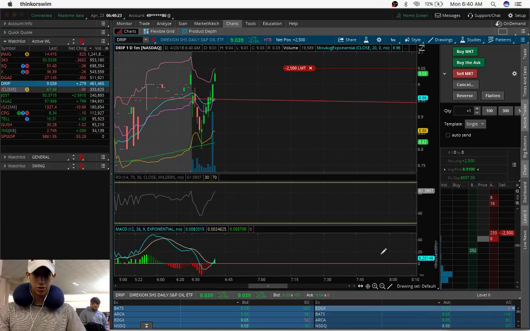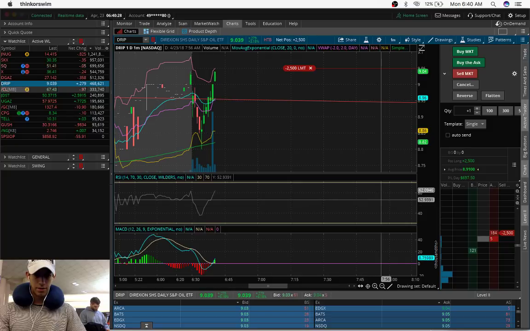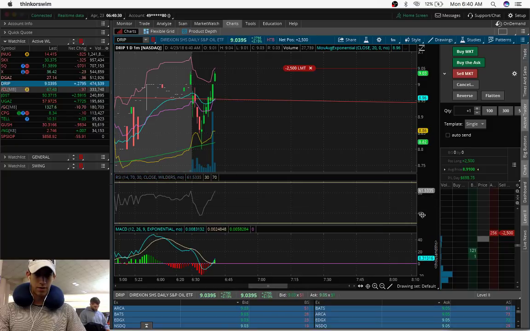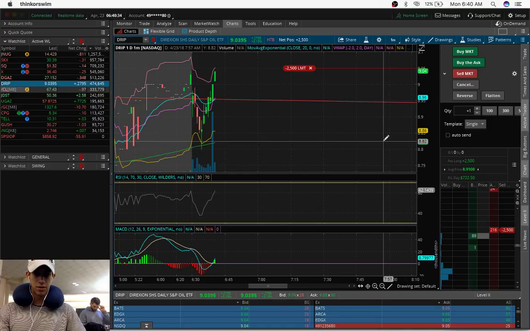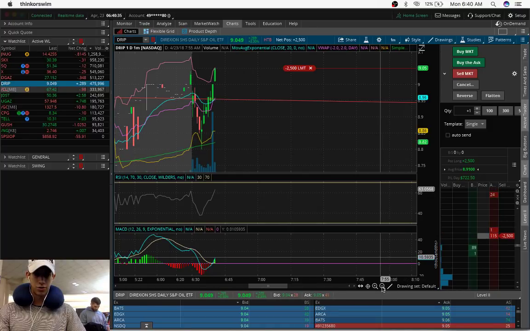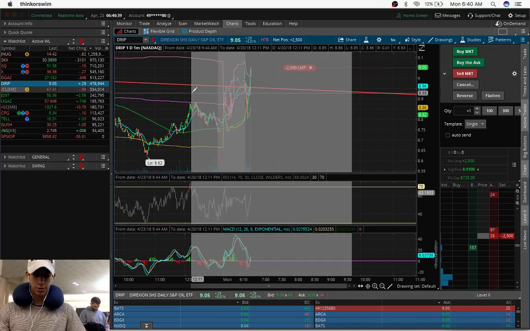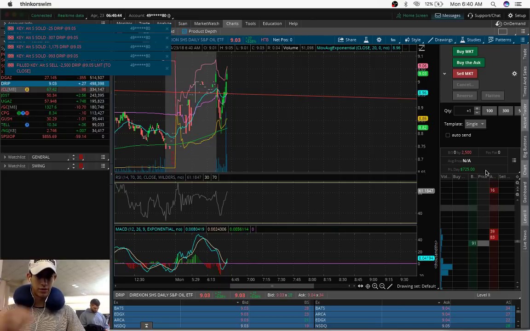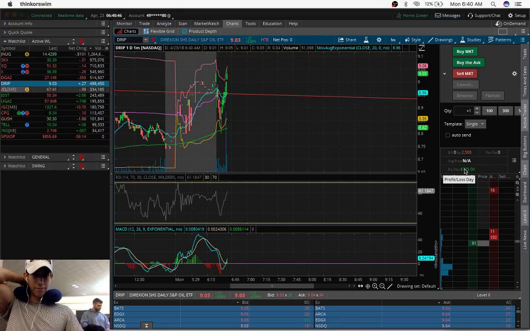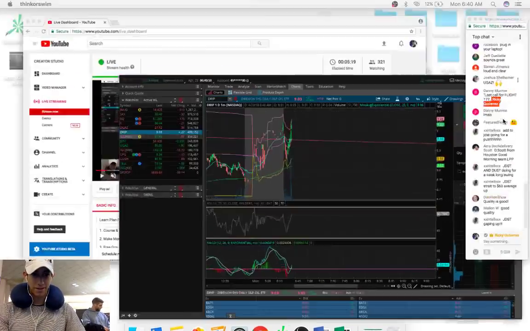Can we get another push up? 9.04, 9.04, 9.05. There we go, 9.05, and getting filled. Order getting filled. It's pushing up pretty aggressively, and there we go. All right, just got filled. $725 in about 10 minutes. Not bad.